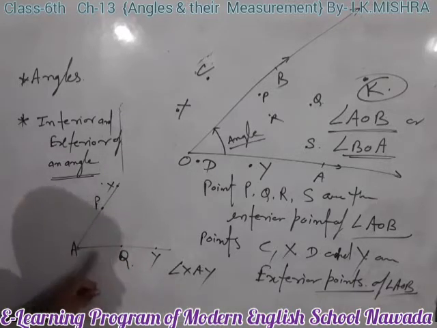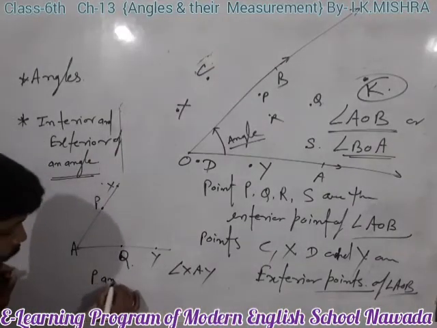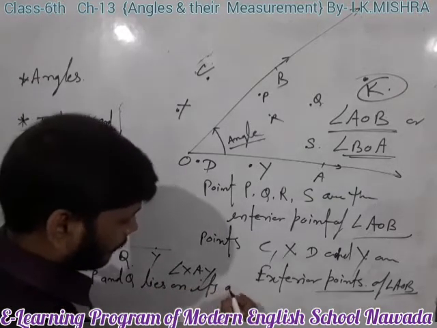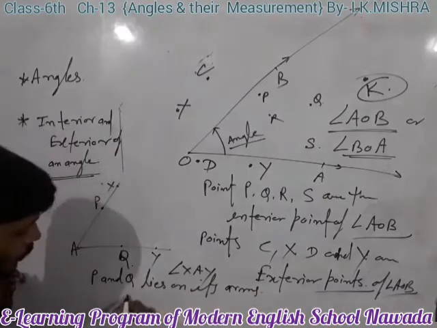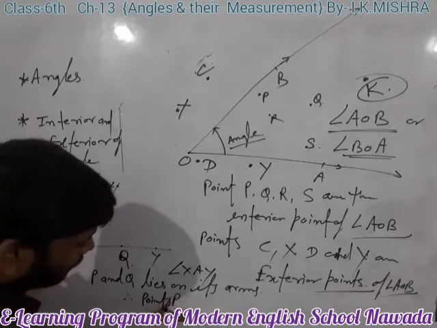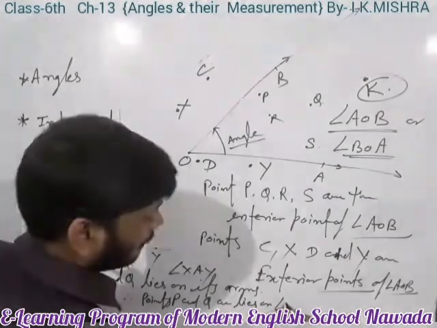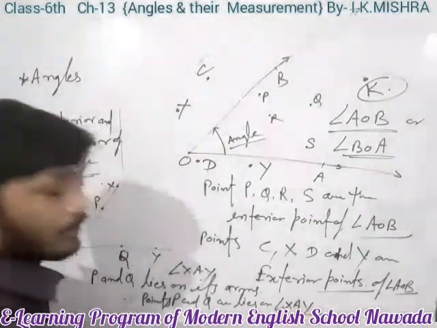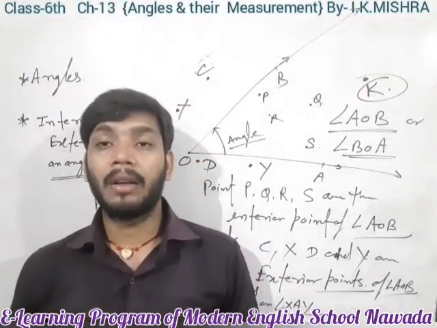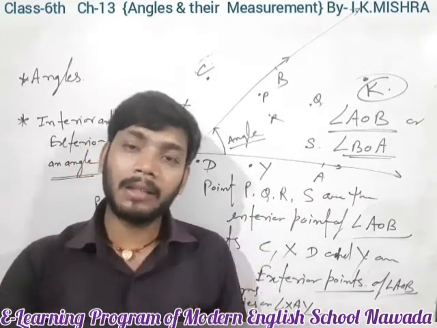Here P and Q lie on its arms. So students, points P and Q lie on angle XAY.